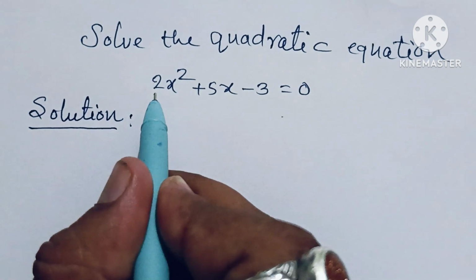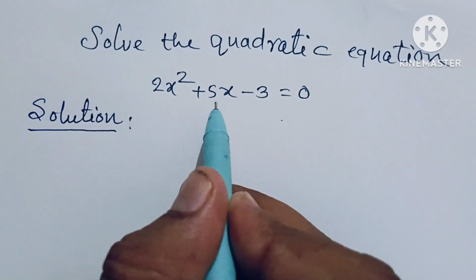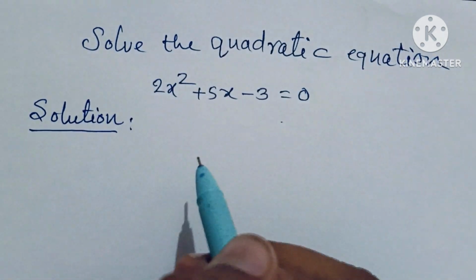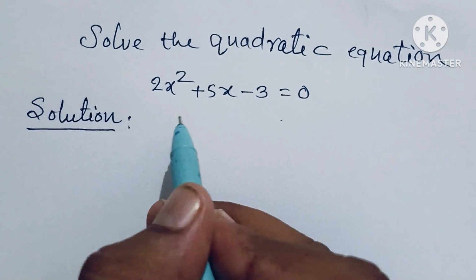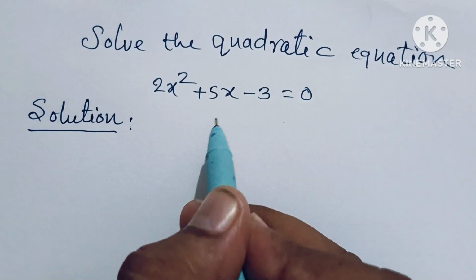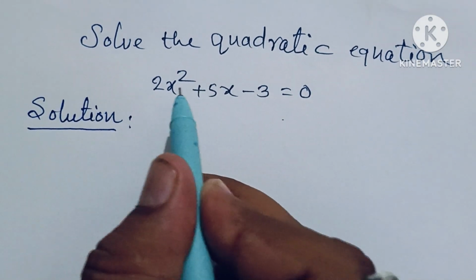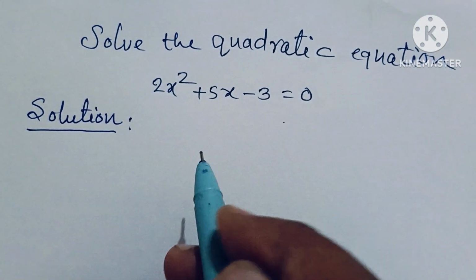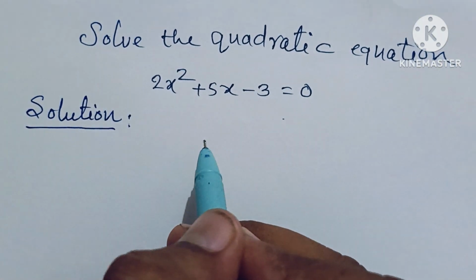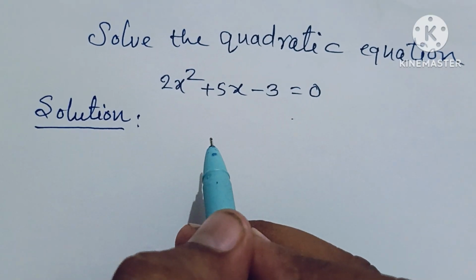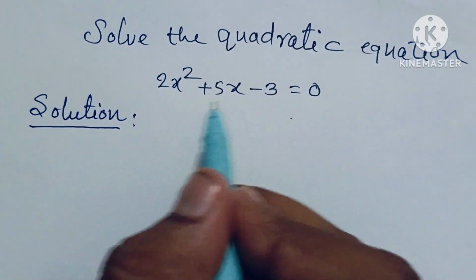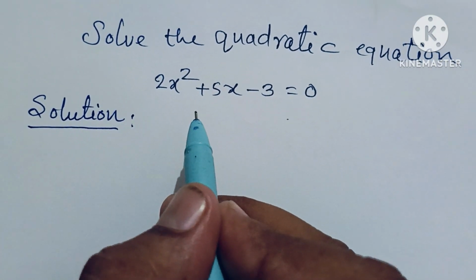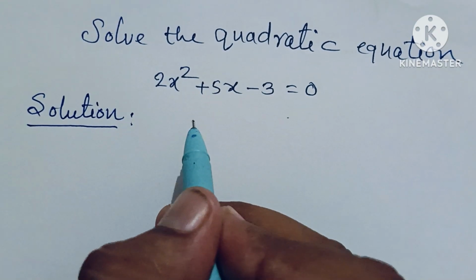See here, 2x square plus 5x minus 3 is equal to 0. This is the quadratic equation. So this equation has two solutions because the highest power of a quadratic equation is 2. So how can we find the factors and the solution of this quadratic equation?